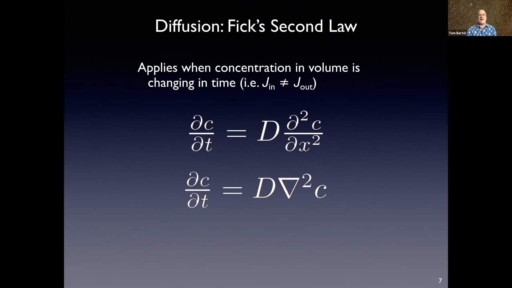Fick's second law applies when the concentration of some particle in a volume is changing in time, meaning that the flux into the system is not equal to the flux out of the system.